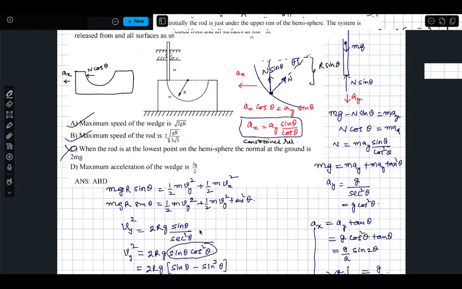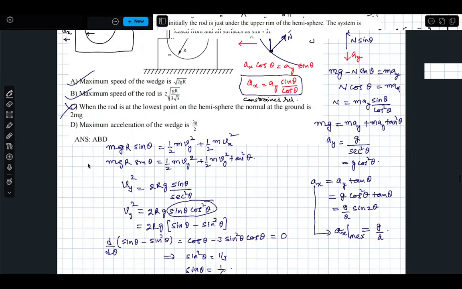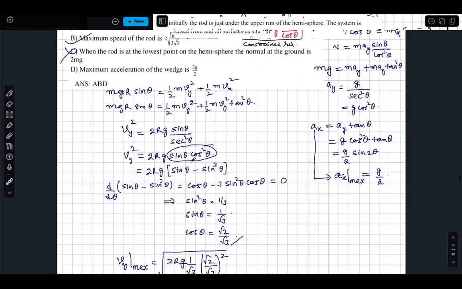So I have substituted here. I got Vy from this particular equation. I got the relation as you can see from here to here. Now I have readjusted this properly. This is a function of sin theta minus sin cube theta.